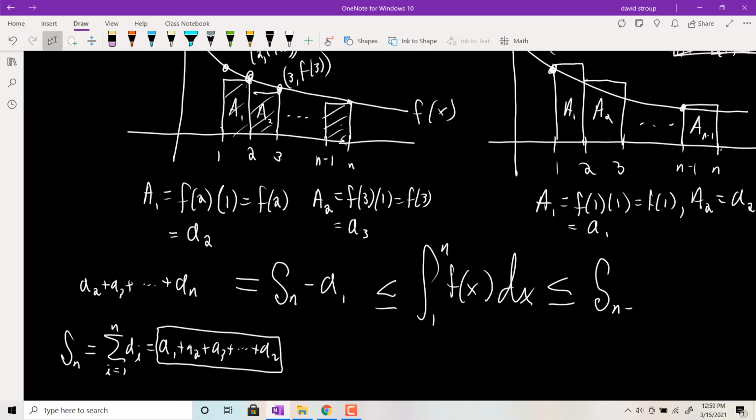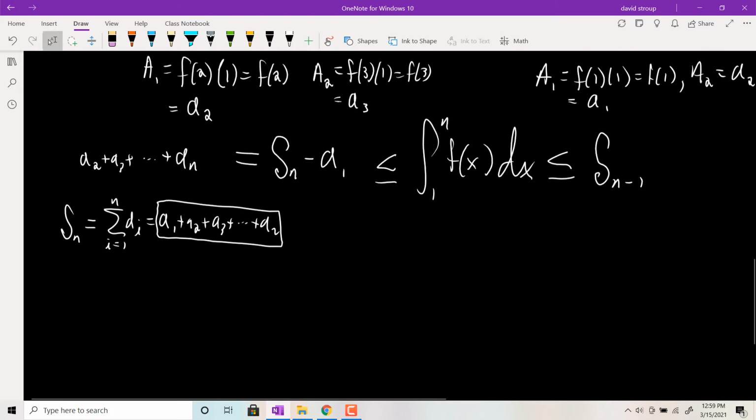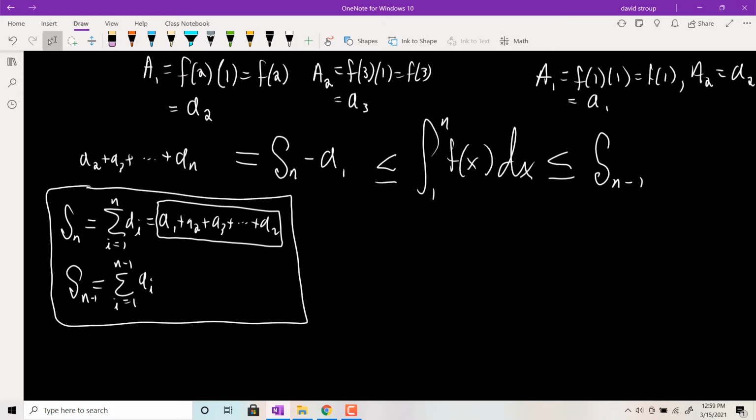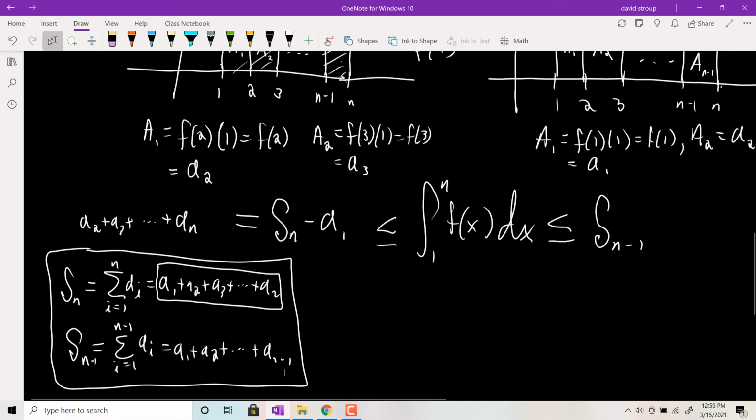S sub n minus 1 is just going to be the partial sum from i equals 1 to n minus 1 of A sub i. So it's basically just a sub 1 plus a sub 2 plus dot dot dot plus a sub n minus 1. You're missing the a sub n. Okay. So we've built this inequality.